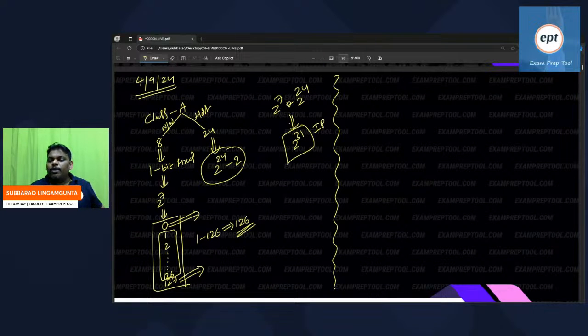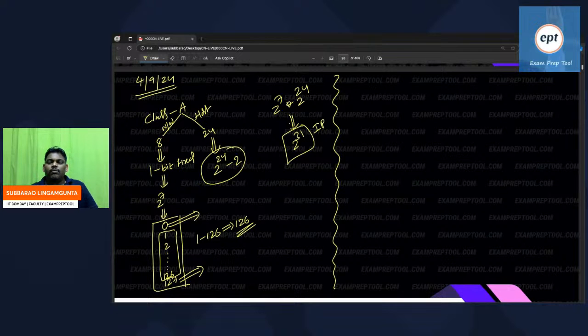Now, can you help me? Which companies will go for a class A network? Suppose one organization wants IP addresses and they want class A. Is it a big company or a small company?